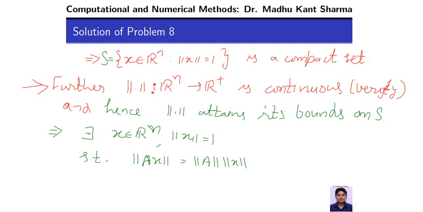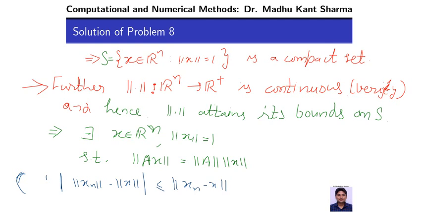Since this converges to 0 as n tends to infinity, you can use this fact. The mod of norm xn minus norm x is less than or equal to norm xn minus x, and if xn converges to x, then norm xn converges to norm x. So this establishes the continuity for the norm function.